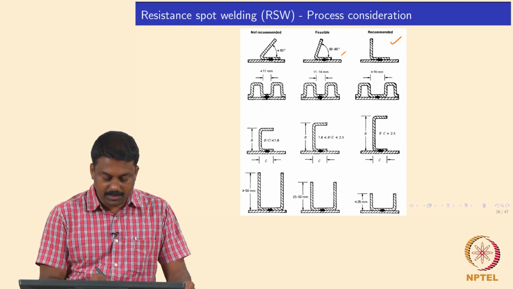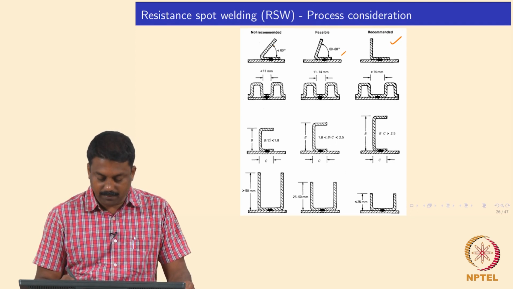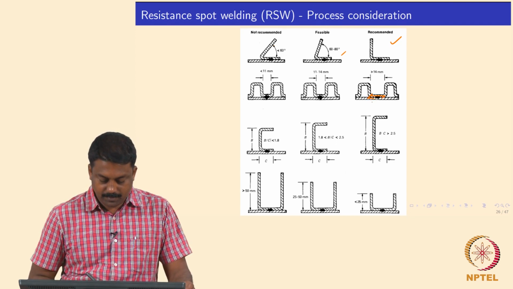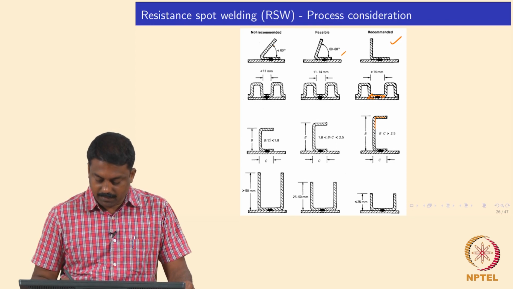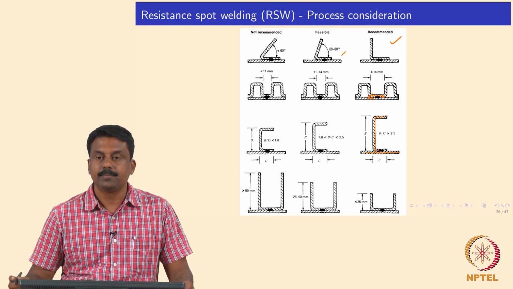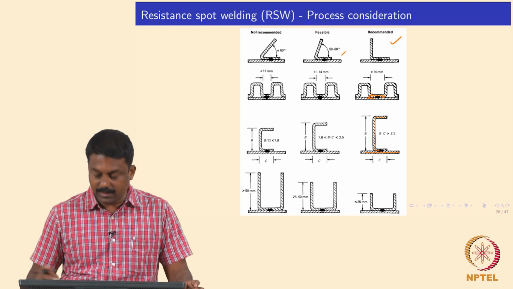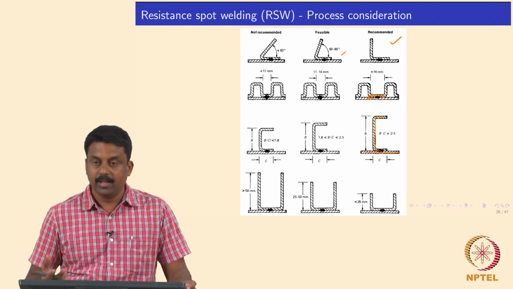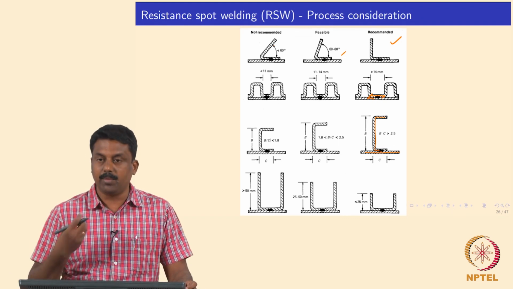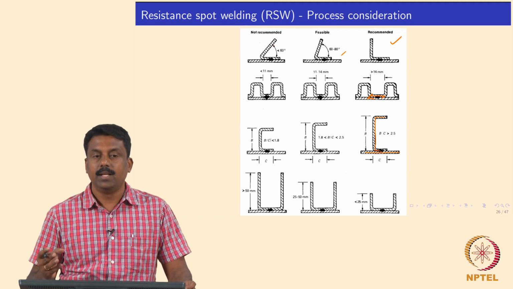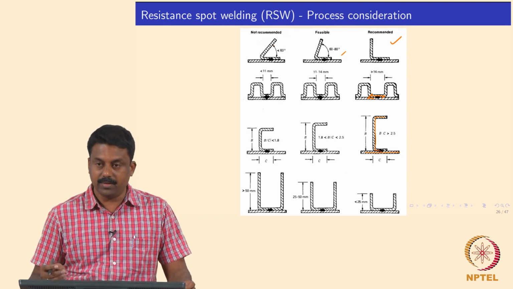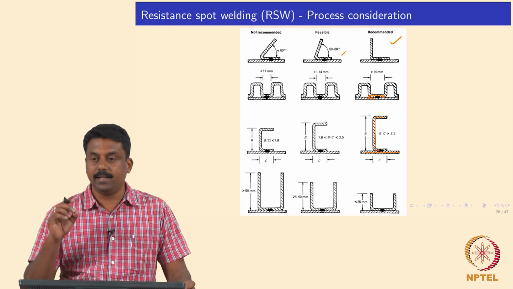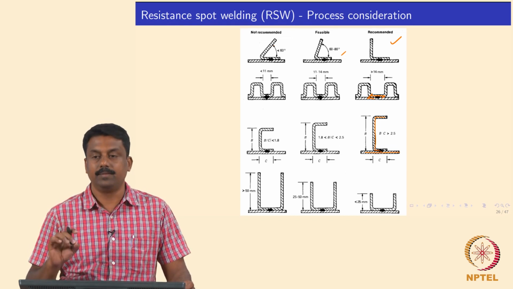Similarly, instead of having a weld like this, you can have a longer distance, and there are also a lot of other geometrical considerations. Structural analysis is extremely important in spot welding, and in all automotive components they optimize the structural load distribution and then identify where exactly to place the weld nugget.